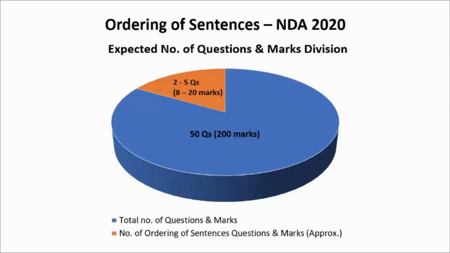So, as you can see, this is the most recent trend, that ordering of sentences questions were coming. So, you can easily expect questions from this topic in your upcoming NDA English section, and the number of questions will vary from 2 to 5, and the total number of marks it will carry will vary from 8 to 20 marks out of 200 marks in total.